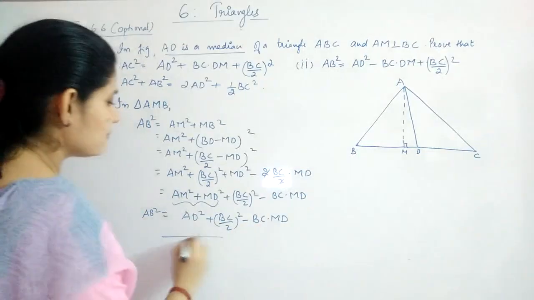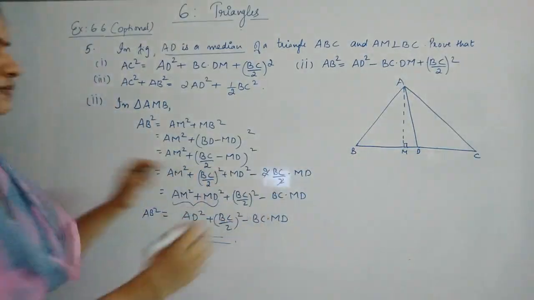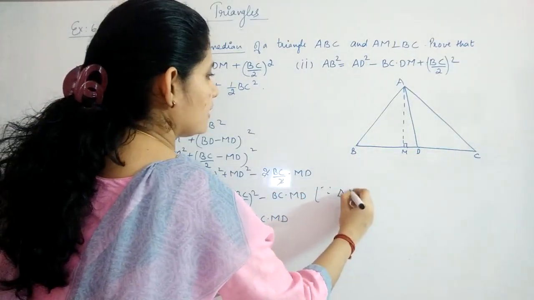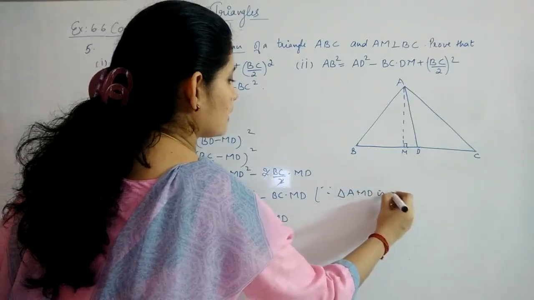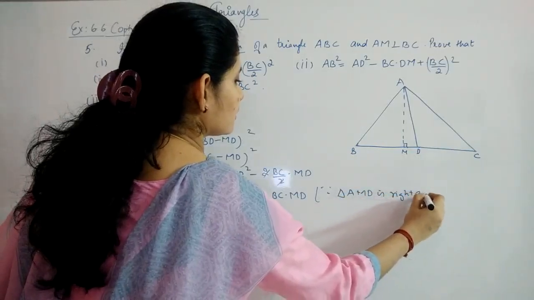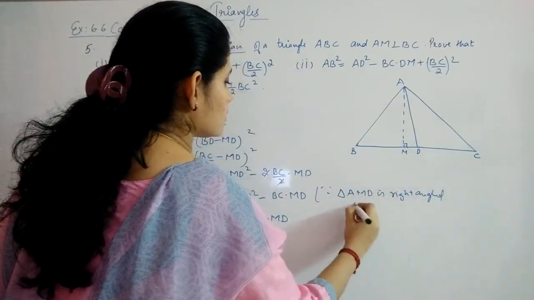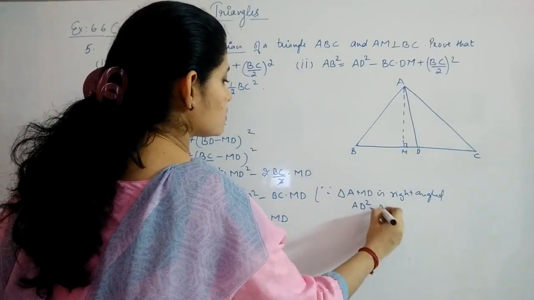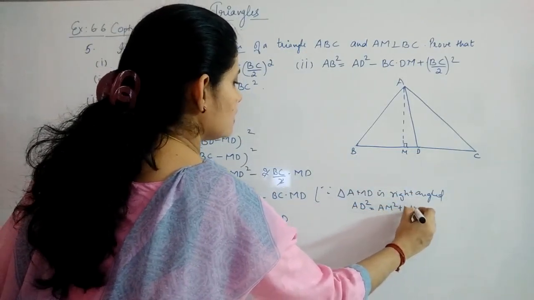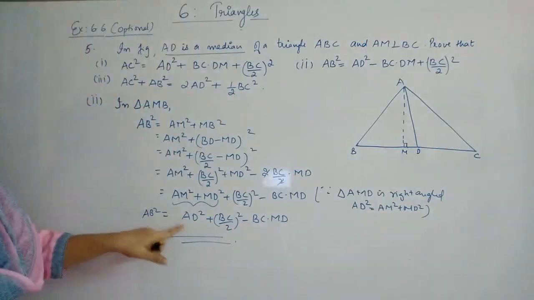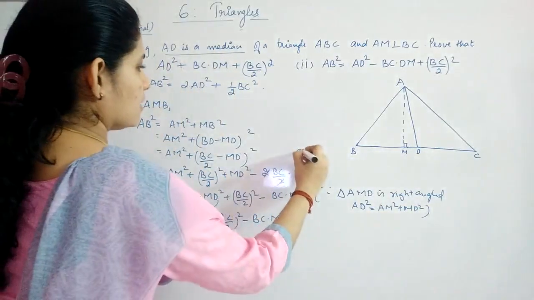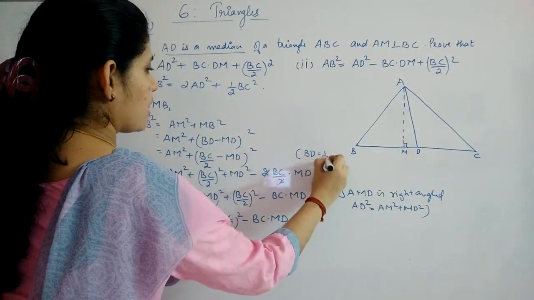Reasons are all the same. Here triangle AMD is right angled, so AD square is equal to AM square plus MD square, and here you have used BD is equal to half BC.